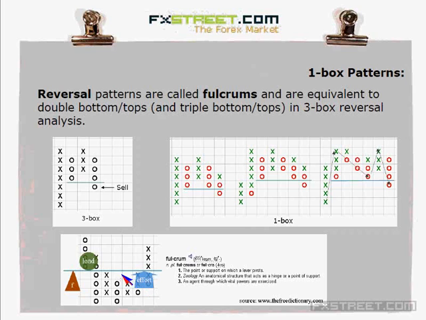In that case it is in equilibrium, but it is supposed that the effort is bigger and the price retraces or reverts direction. That is why it is called a fulcrum. And here above we have the 3-box pattern. It will always look like this, and on the other side we have the variant in the 1-box.